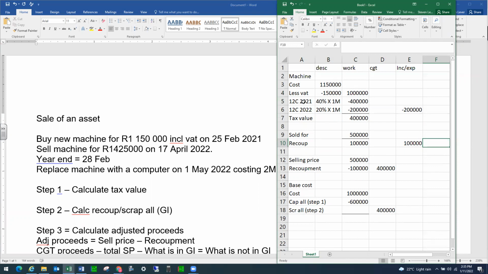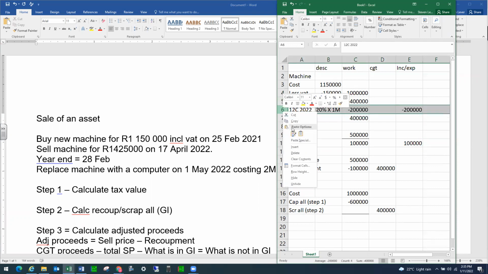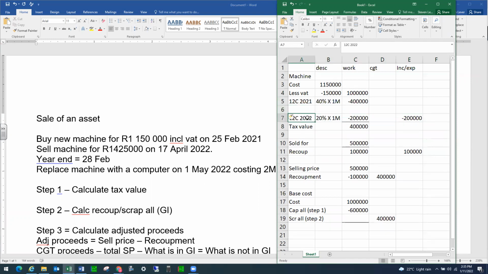12C 2021, 400. 12C 2022, 200, no difference. Look where the year end is now, 28 Feb.